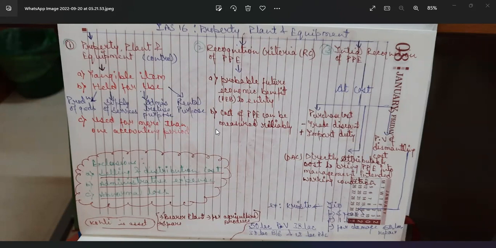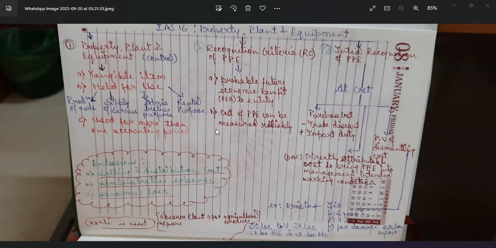After calculating this purchase cost, we have to see what the directly attributable costs are. Directly attributable cost means, at the time of purchase of PPE, what other costs were included, for example the unloading charges, expert fee or installation fee.